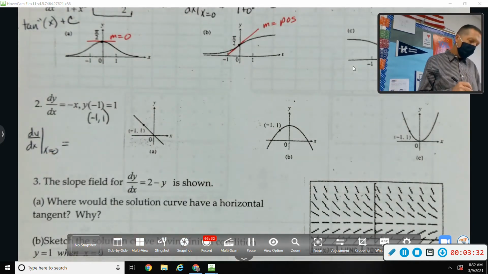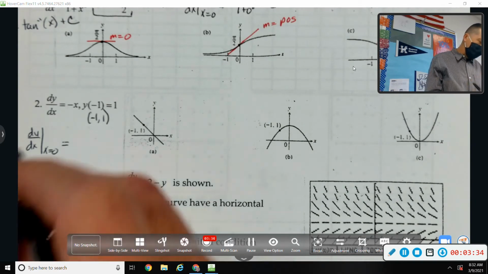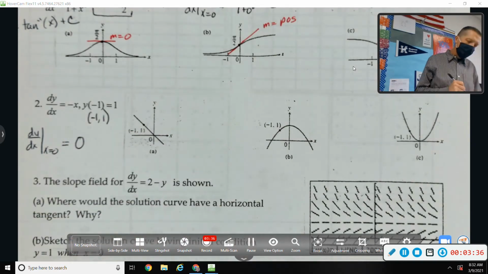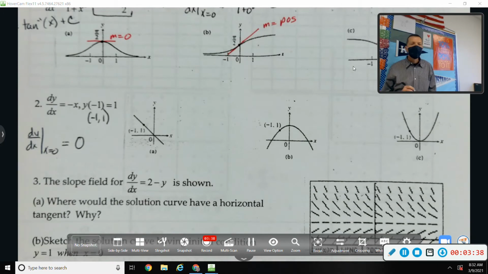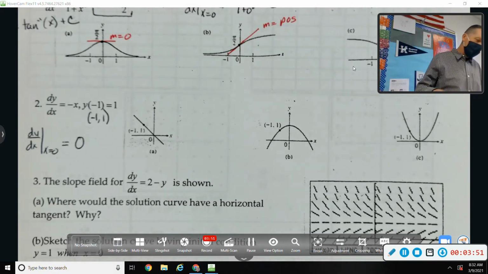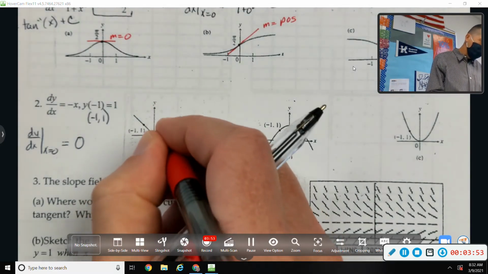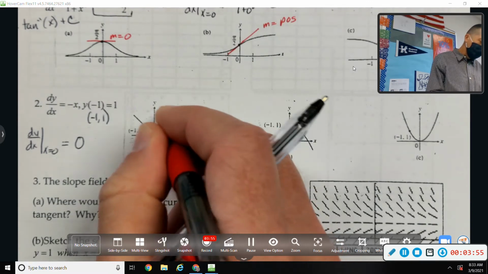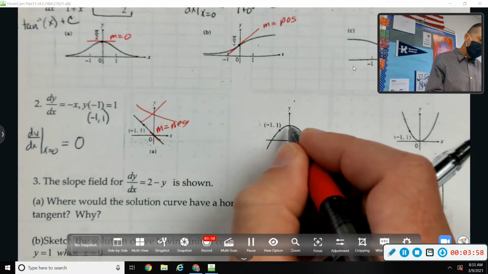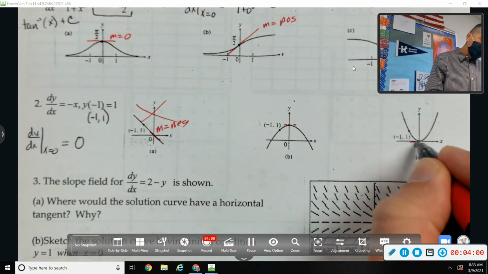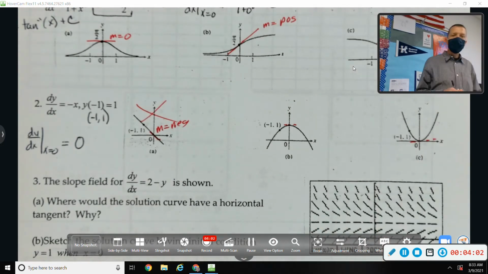The slope at 0 is 0. Does that help? Semi, that's a good answer. Which one can I throw out? A, because that has a slope of negative 1, or at least negative something. So it can't be that one. These two both have a slope of 0 at 0, so it could be B or C.